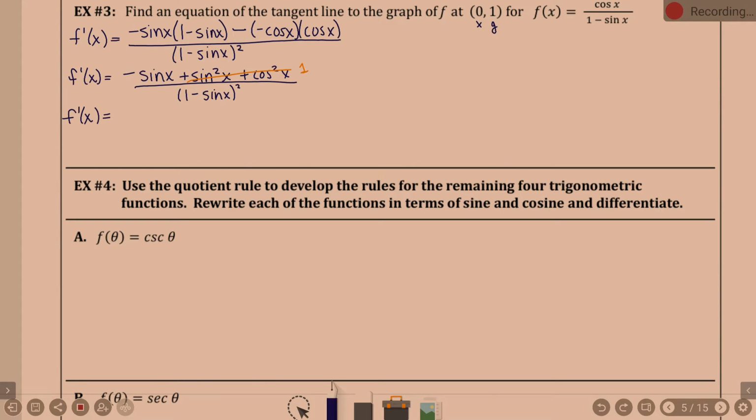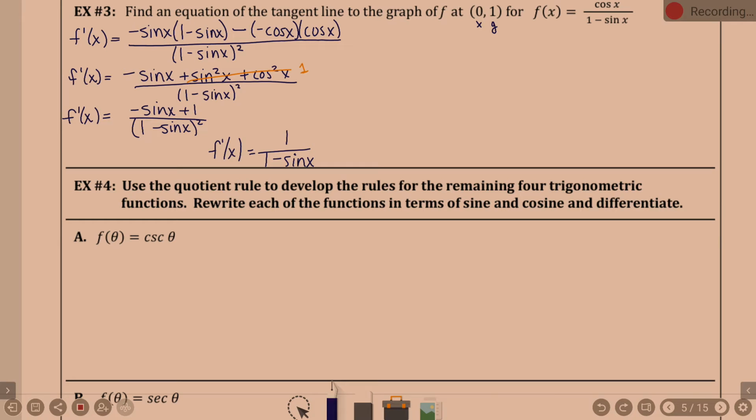So we end up with negative sine x plus 1 over 1 minus sine x quantity squared. It's not another identity, but it's just the fact that negative sine x plus 1 is 1 minus sine x. There's a 1 minus sine x on top and on the bottom, so we can write this as 1 over 1 minus sine x, yes? Okay, that's our derivative.